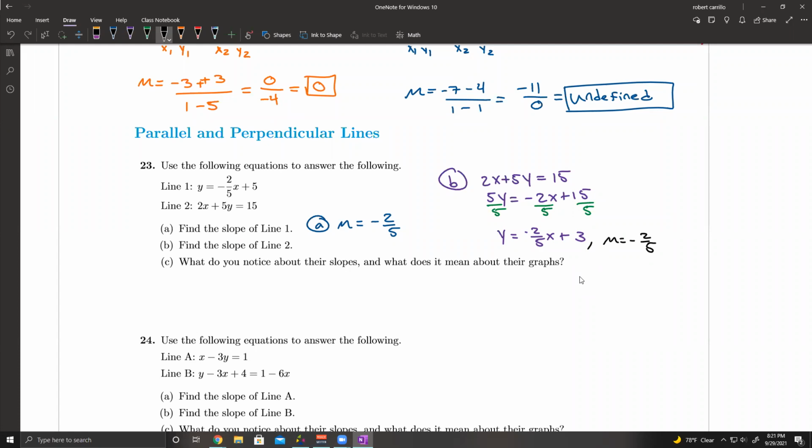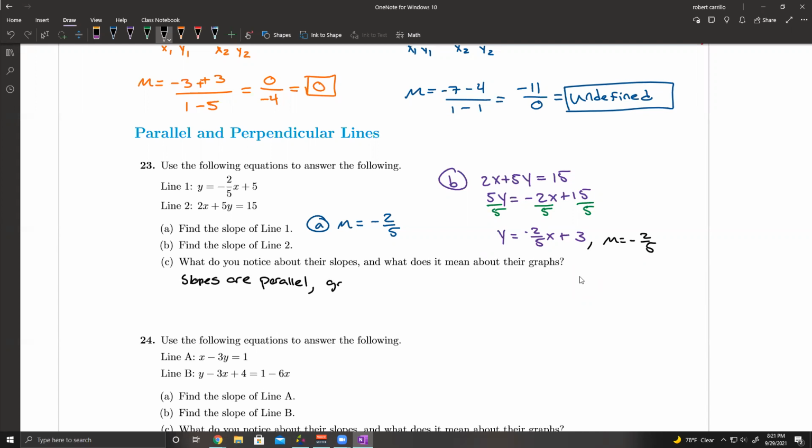And does anybody know what that means? If two lines have the same exact slopes, this means they are what? Parallel. Good. So that's what we say down here. The slopes are parallel because they are exactly the same, which means the graph will also be parallel.